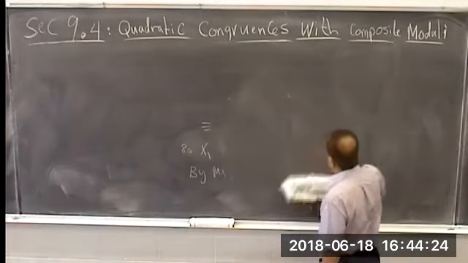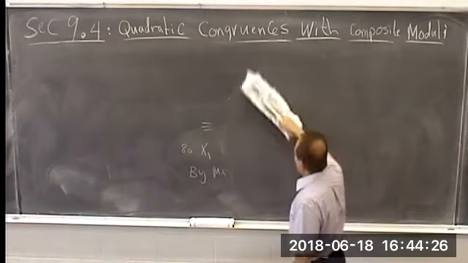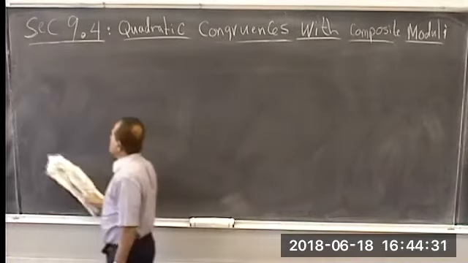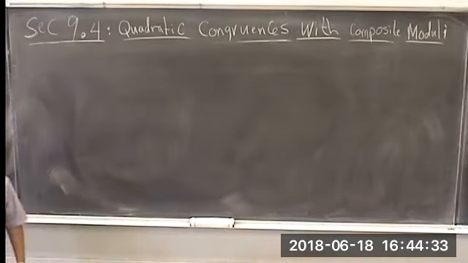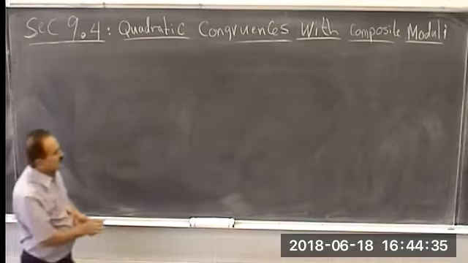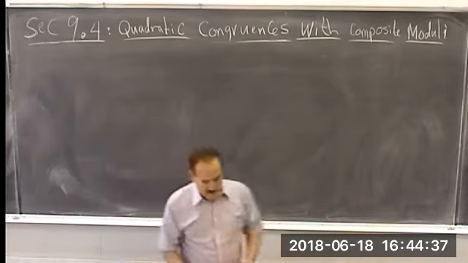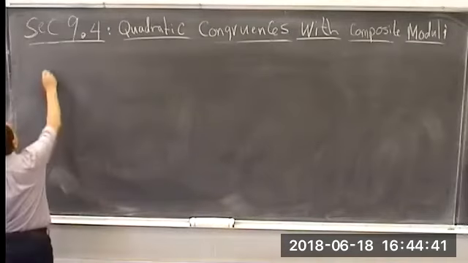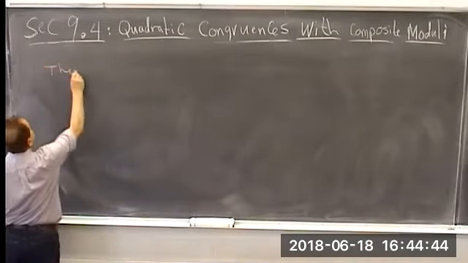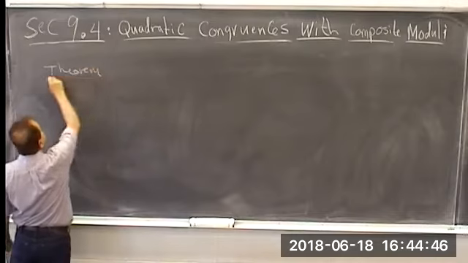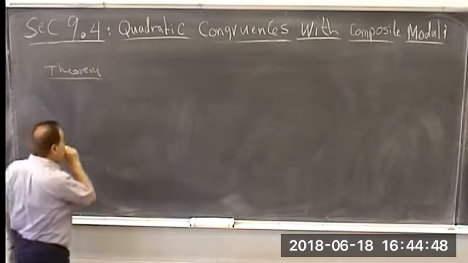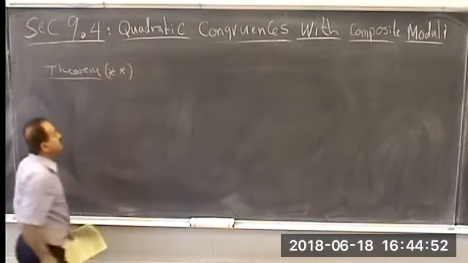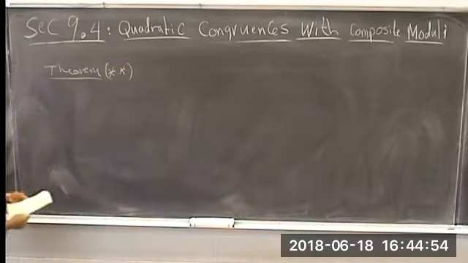To start with, I'm going to state a theorem that's true for any polynomial congruence, at least as far as how to solve it. So I want to have this next theorem. I want to call this theorem star. I'm going to be referring back to it. That goes like this.